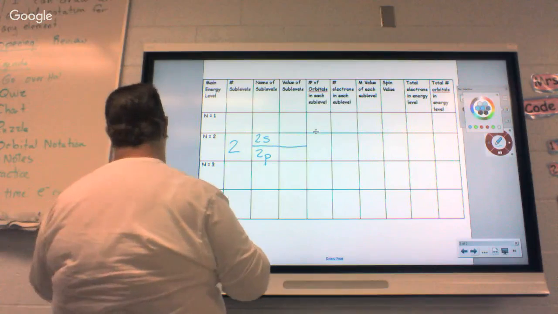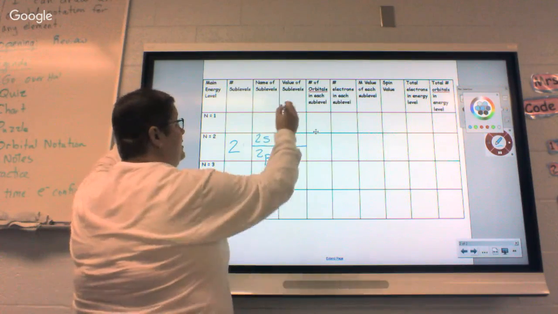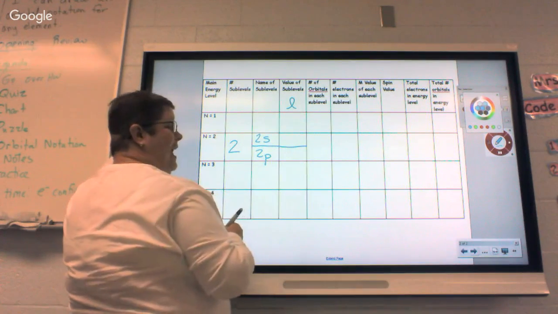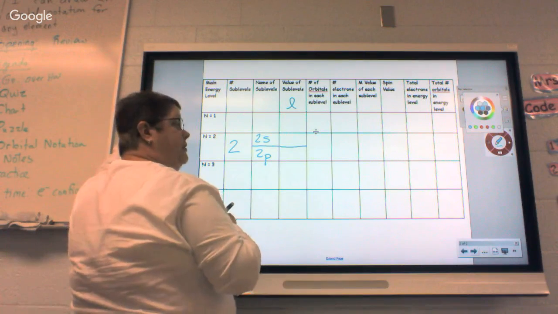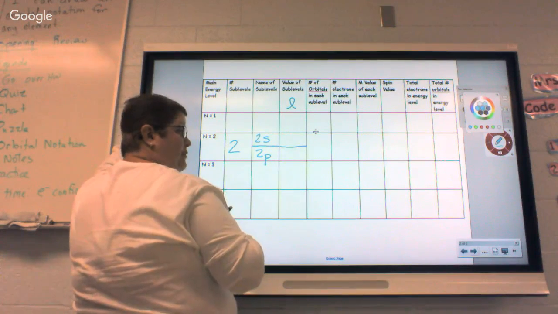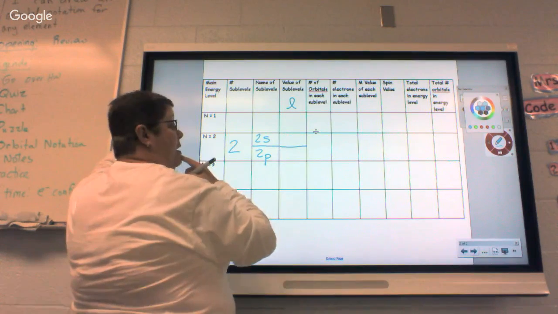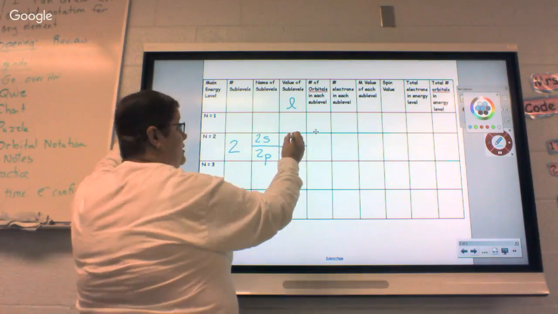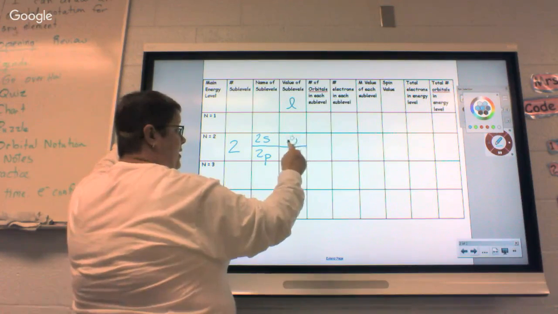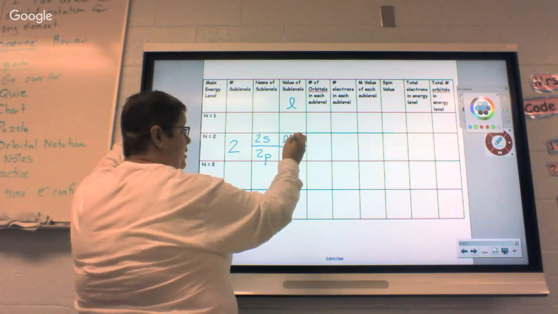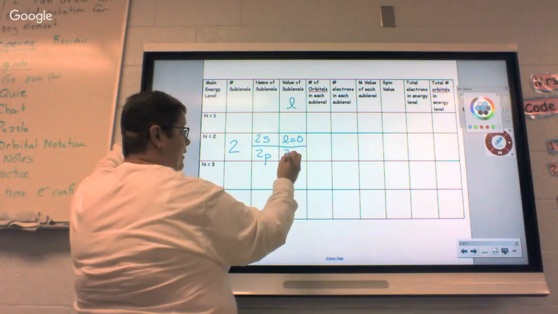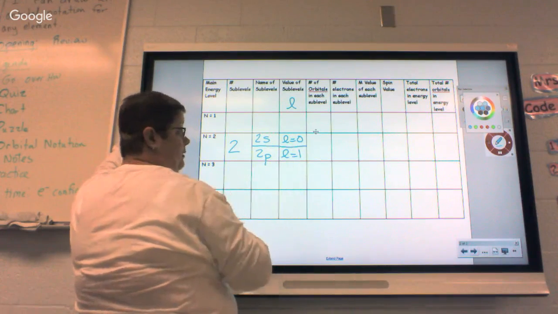What's the value of each sublevel, meaning what's the number that's assigned to them? Because all of the sublevels are called the quantum numbers, not the quantum letters. S is assigned what number? 0, okay? This would be that l equals 0 and l equals 1.